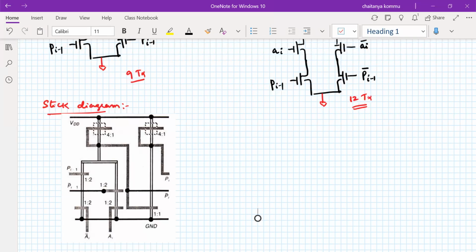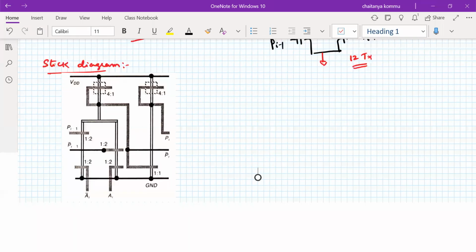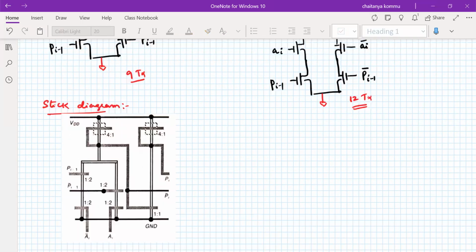Here you see, observe that one. Here we have PI and PI bar. Sorry, I'm extending, this is not like that. PI, AI bar. Next, this is PI bar. So they have taken here metal and extended, and AI.